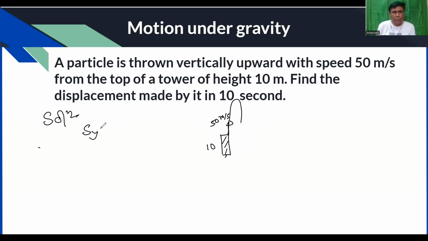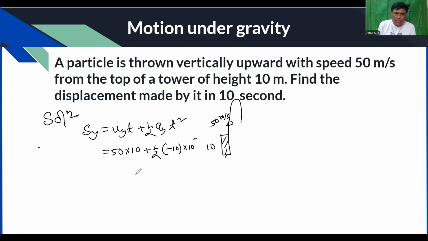So displacement Sy equal to Uyt plus half Ay T square. So Sy is 50 into 10 plus half minus 10 into 10 square. So it is 500.